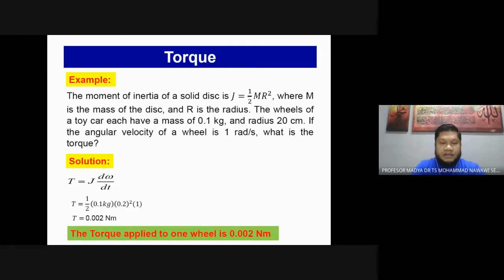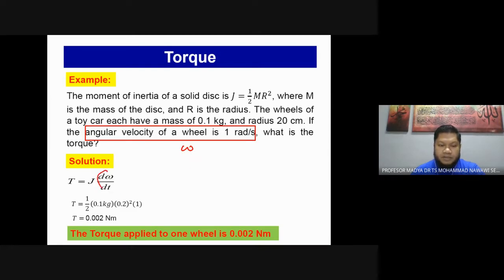Right, so this is an example. I'm not sure about this, but the angular velocity of a wheel is in radian per second, and this is the equation that torque applies. We have to look back on this equation because this only describes the omega.